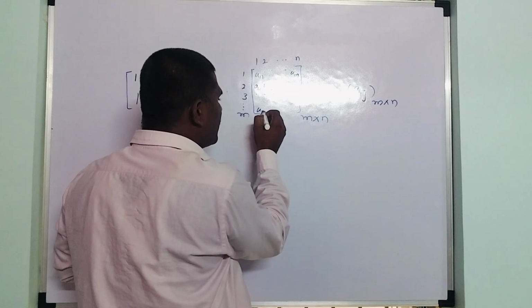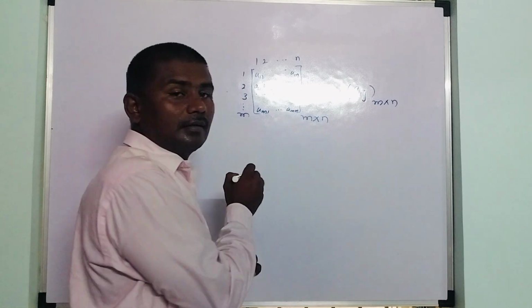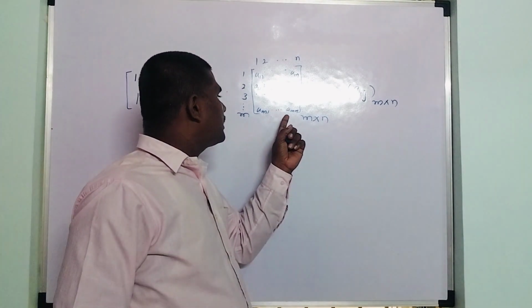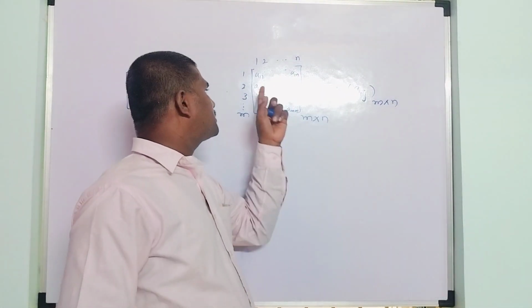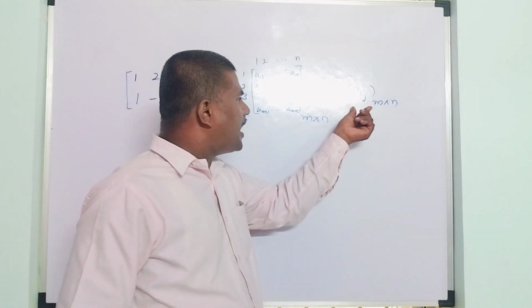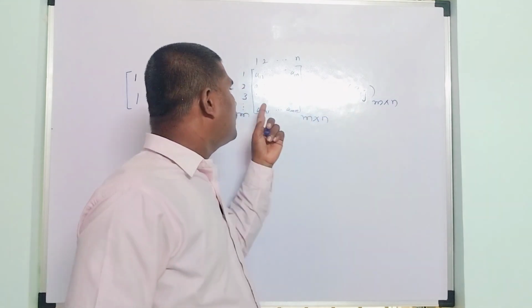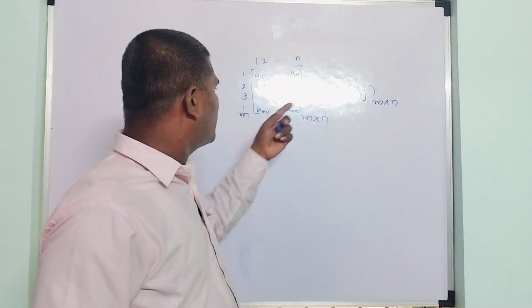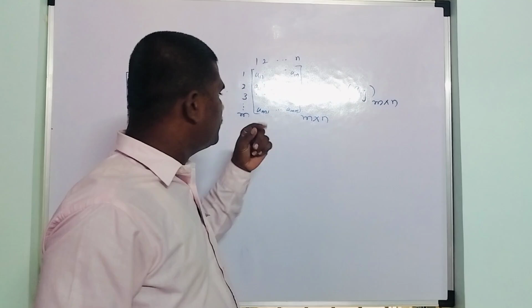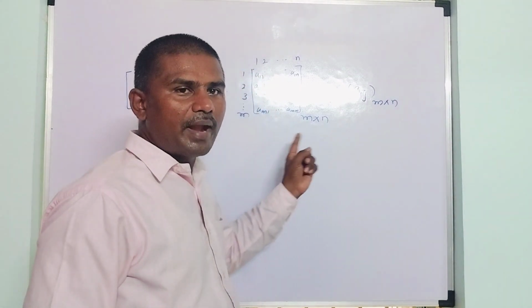In the similar manner, Am1, Am2, and so on up to Amn. So here i represents rows and j represents columns. So Aij with order m by n. This is the representation of a matrix.